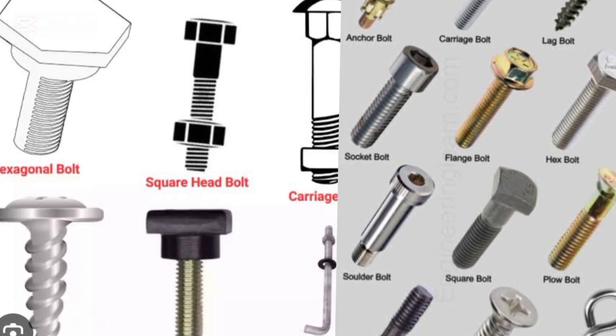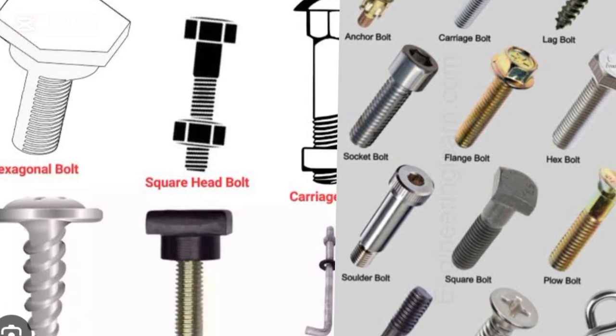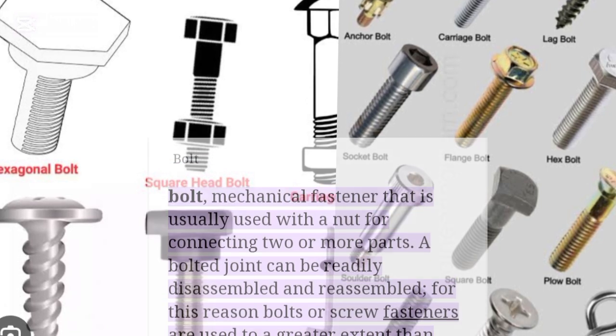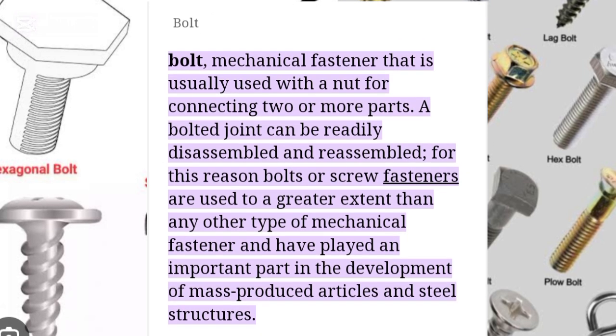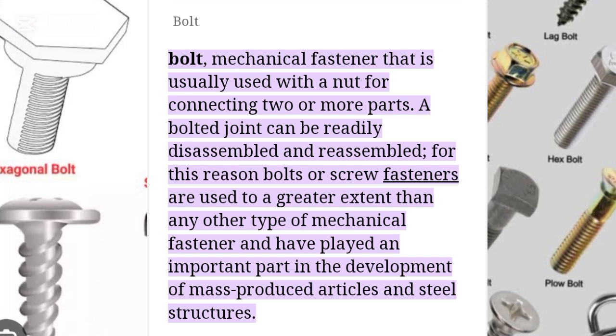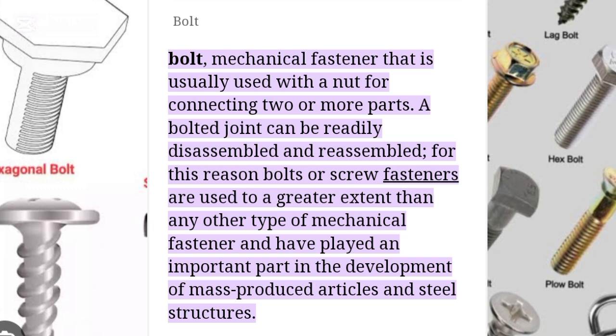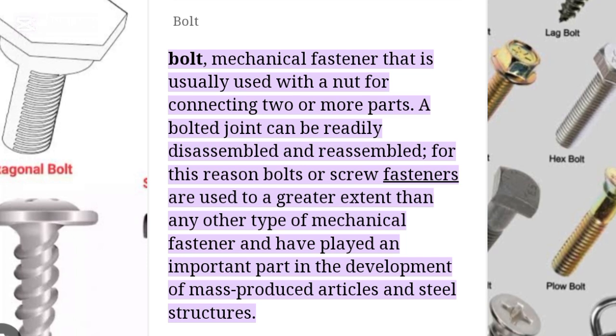So let us go with what bolts and nuts are. A bolt and nut, which is known as a metric threaded screw, is a mechanical fastener that is usually used with a nut connecting two or more mechanical parts.